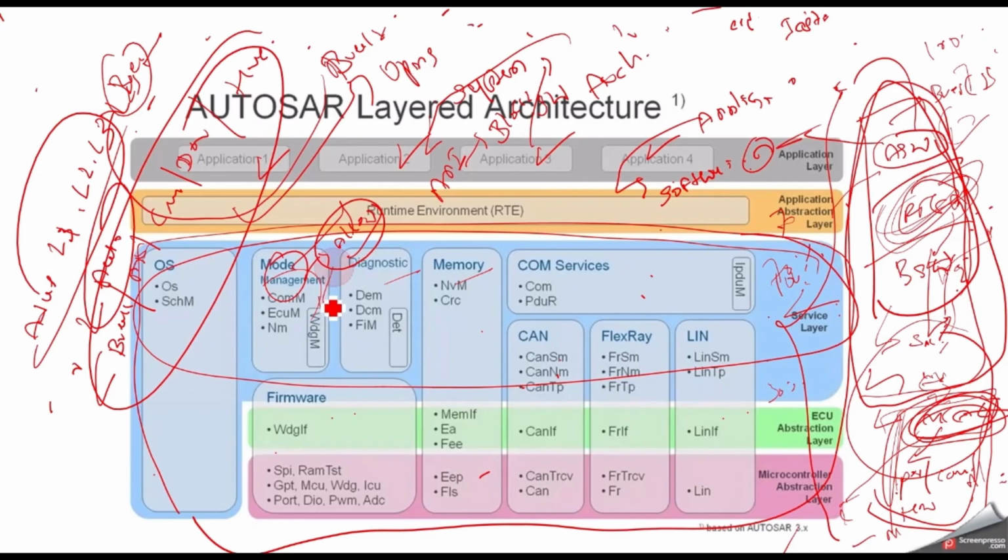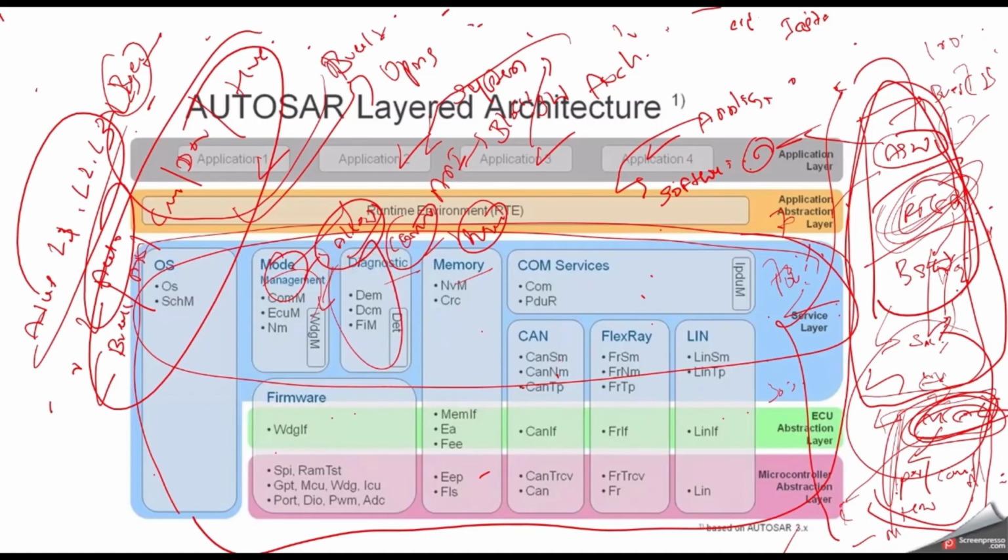While turning on the ignition, I don't want to have any communication. So it will stop the COM stack, disable it and save the power. And during the ignition, I don't want to run any NVM or memory management things. So it will turn on only the respective required things.